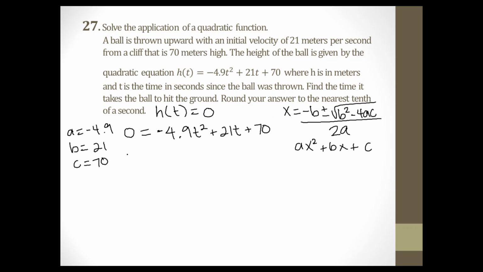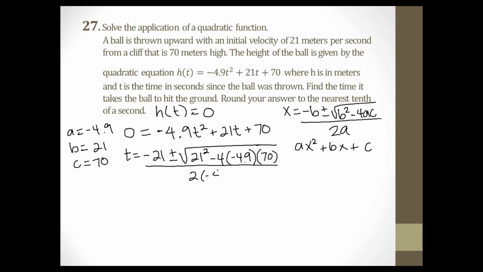Okay, so let's use the quadratic formula. I'm going to say t equals, since we're talking about time, negative b, so that's negative times 21, plus or minus the square root of 21 squared minus 4 times negative 4.9 times 70, all of that divided by 2 times negative 4.9.